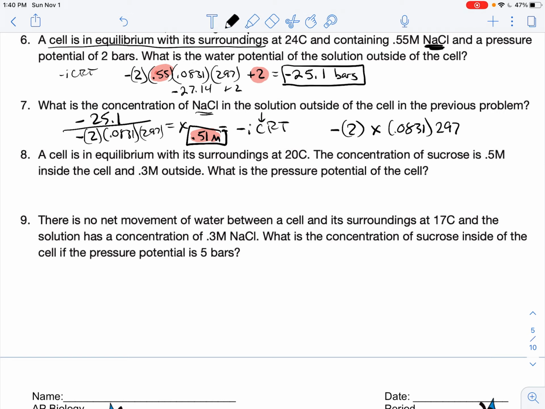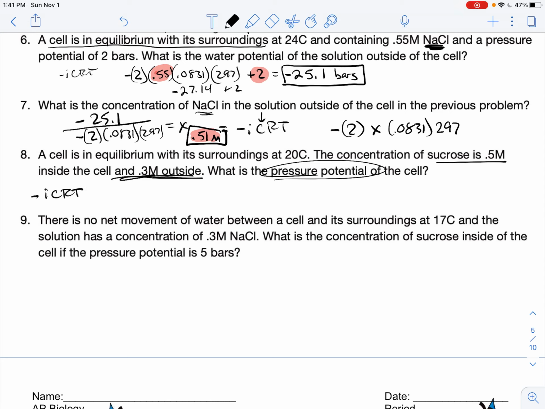Okay, we'll do number 8. In this case, we have a cell in equilibrium with its surroundings. The concentration of sucrose inside and outside are different. So we have different concentrations. Now we're trying to figure out that pressure potential. So outside the cell is just negative iCRT.